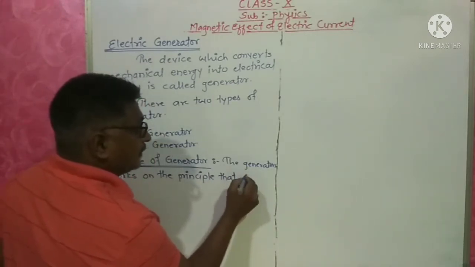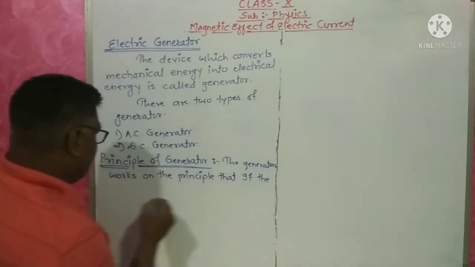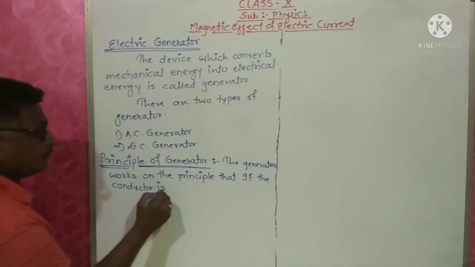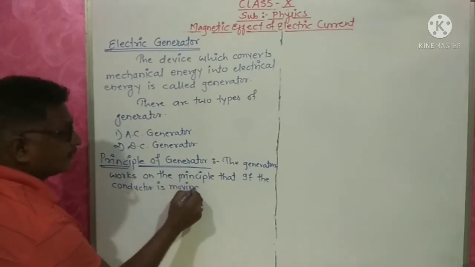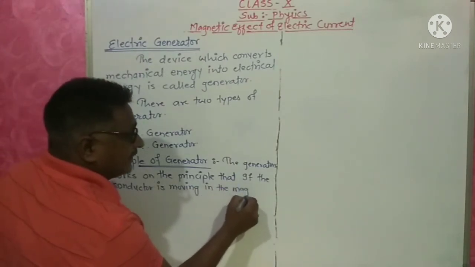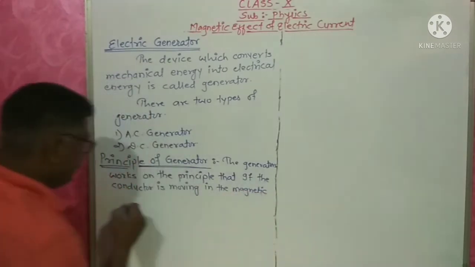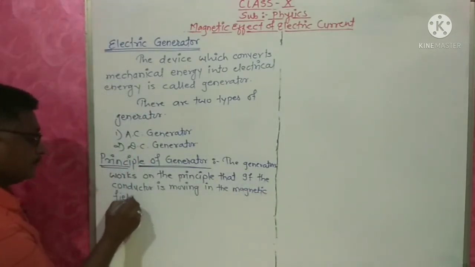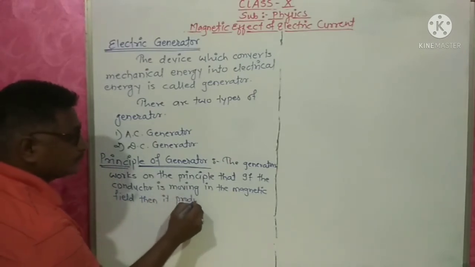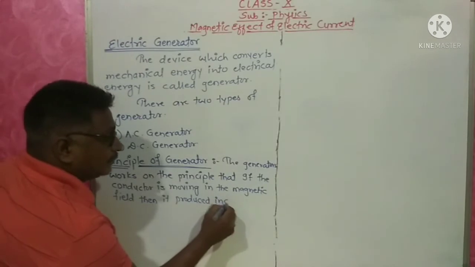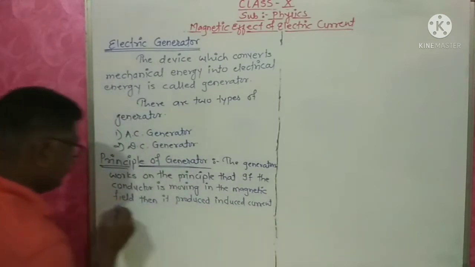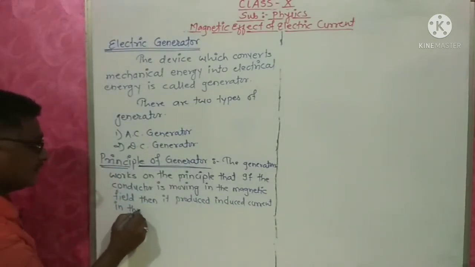If the conductor is moving in the magnetic field, then it produces induced current in the conductor.